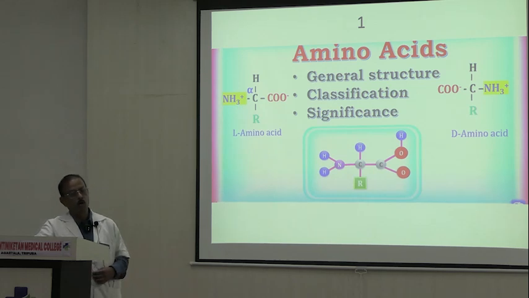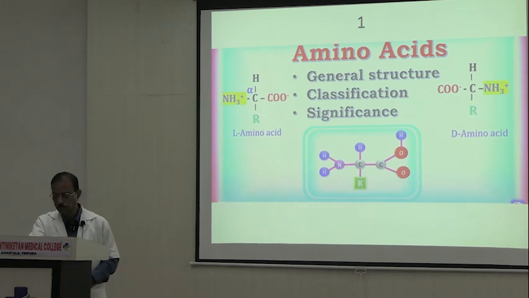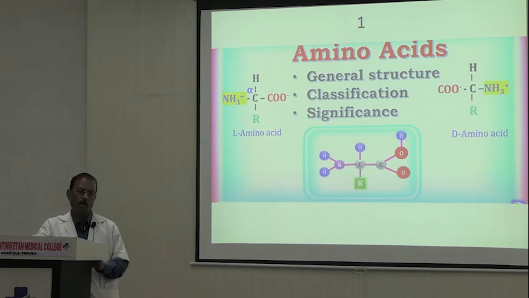However, only 20 amino acids are utilized for protein synthesis. Later on, 2 more amino acids were identified. So altogether, there are 22 amino acids.